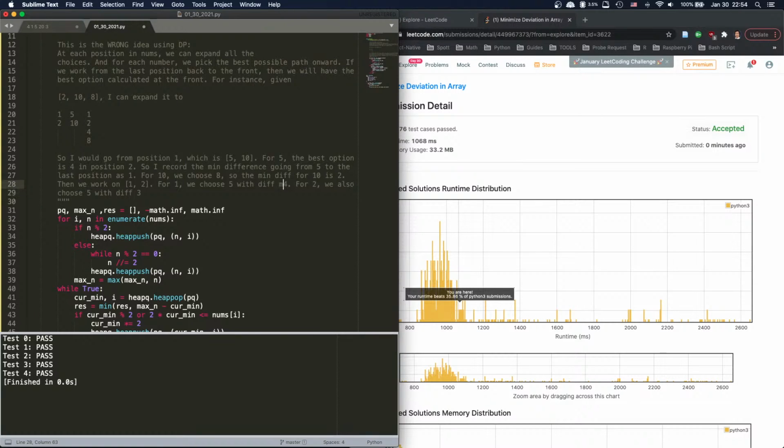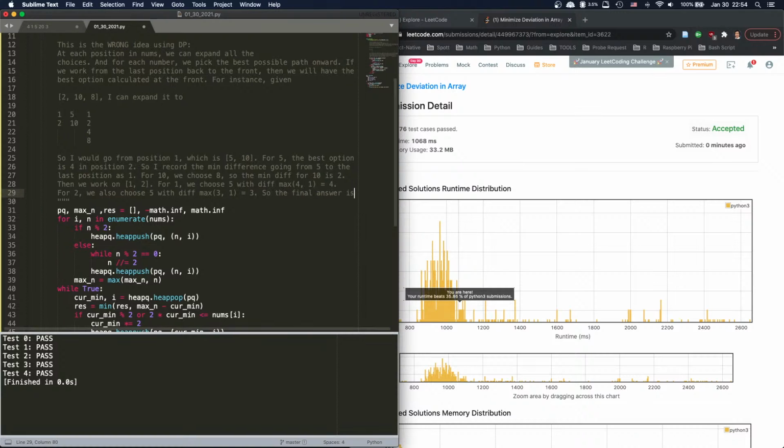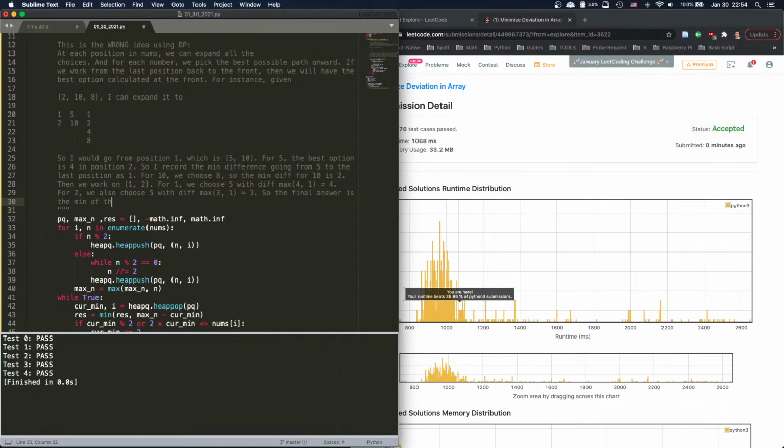So give max 4, 1 equals 4. 2, that's 2. Max 3, 1 equals 3. So the final answer is the min of the diff in position 0, which is 3.